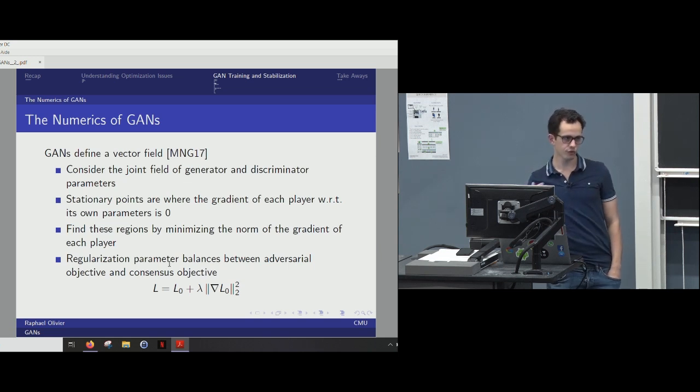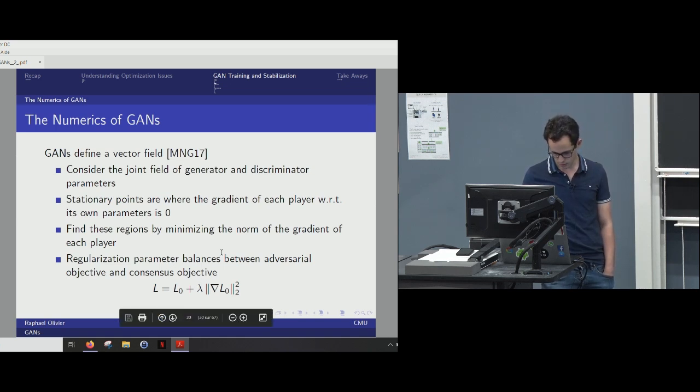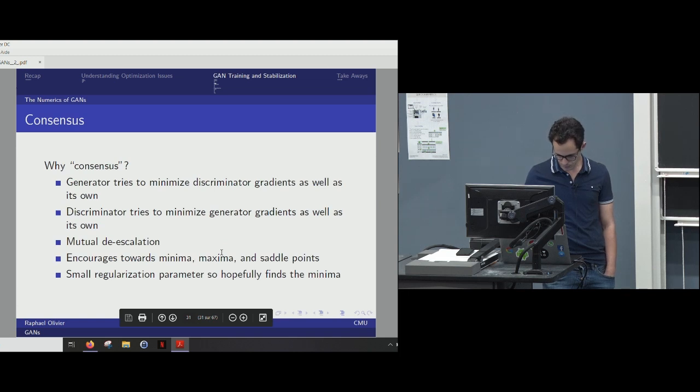So it forces you to go to a stationary point, but stationary points are not necessarily minimums. They can also be saddle points and maxima and a lot of things. So if you add too much of this technique, it's probably going to make you go in a completely off direction. So the lambda term that they use here is usually a little bit.